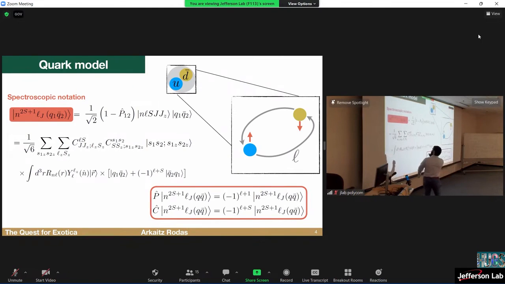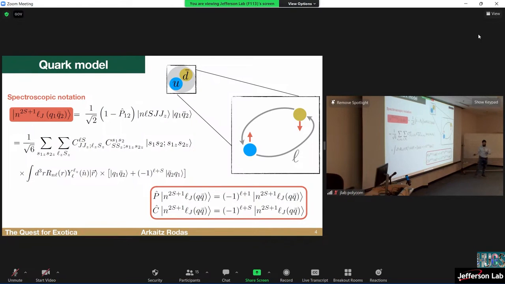Now we are going to write it in the spectroscopic notation. And the idea at the end of the day is that we can recover a formula like this, where we have some quark structure here with some symmetrization. This means, if you remember, if you don't, I have the formula here, that when we apply the parity transformation here, we are going to flip the wave functions, and we are going to recover a (-1) to the L, depending on the angular momentum of the object.